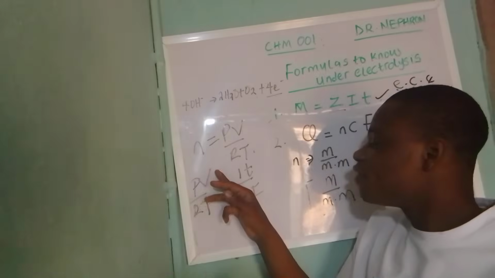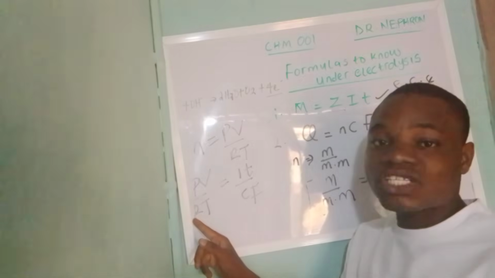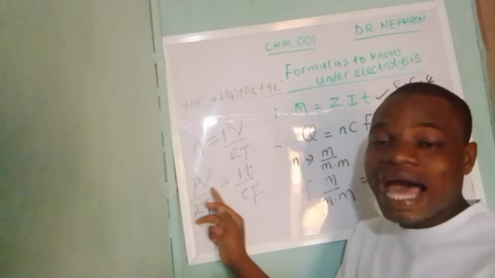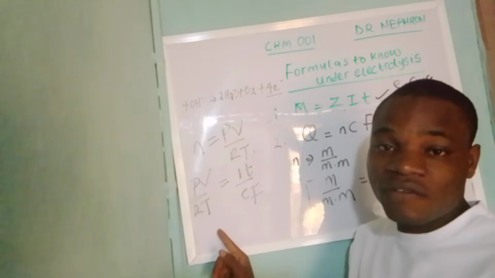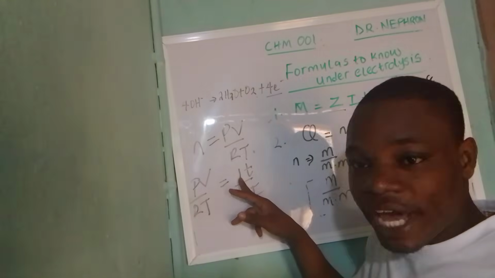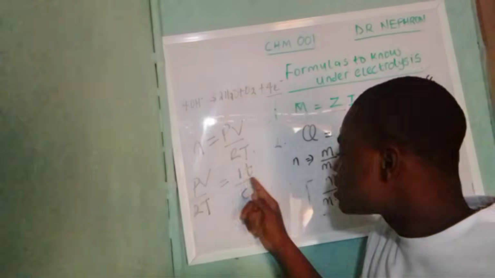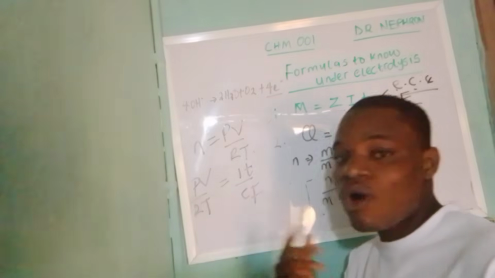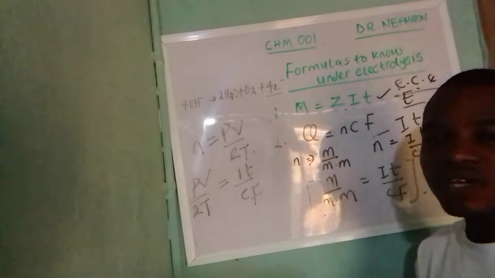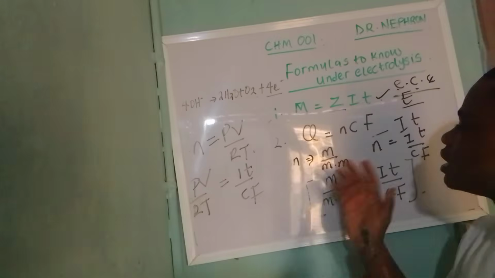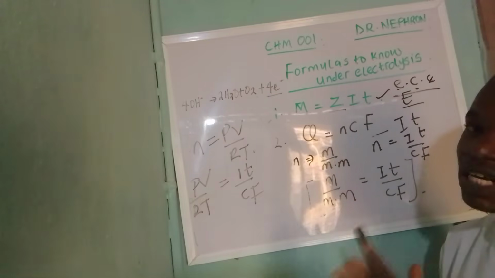That is pressure, volume, the gas constant, absolute temperature in Kelvin, current in ampere, time in seconds or minutes or hours, divided by the charge of the element multiplied by the Faraday constant. So these are the formulas that you have to know for this particular topic under the calculation aspect.